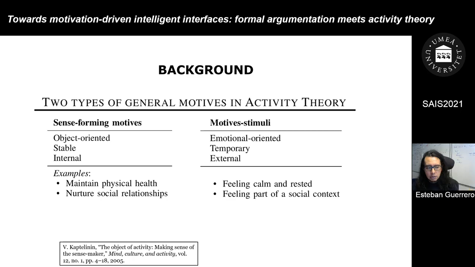However, motive stimuli are more temporal. They are connected with emotions, and they change over time. We consider these two types of motives as key perspectives in the user interface as well as in the formal mechanism of reasoning.